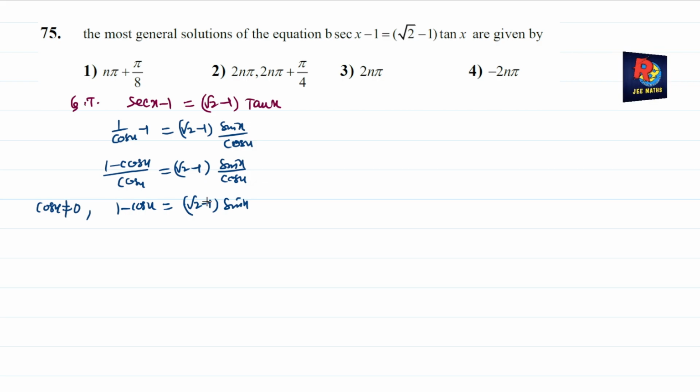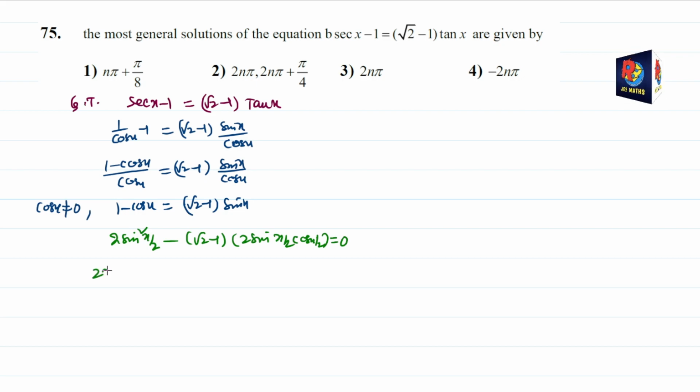So we can write 1 minus cos x as 2 sin square x by 2, minus root 2 minus 1 into sin x as 2 sin x by 2 cos x by 2, equals 0. Therefore, taking 2 sin x by 2 in common: sin x by 2 minus root 2 minus 1 into cos x by 2 is equal to 0.